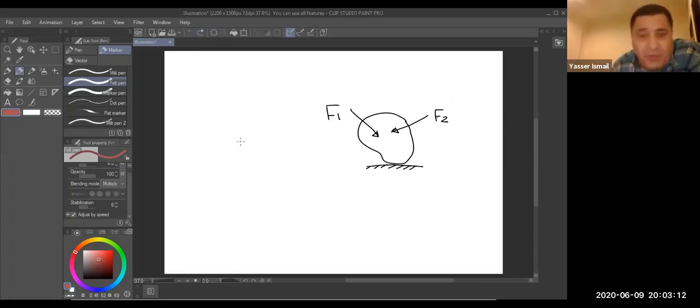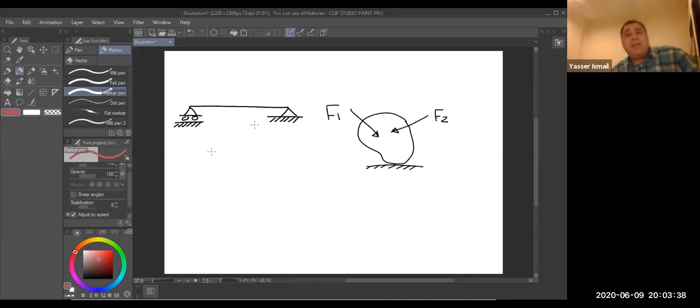We have a particular type of beams. What does it mean, beams? This is a beam. What does it mean? Okay, we call this a simply supported beam.